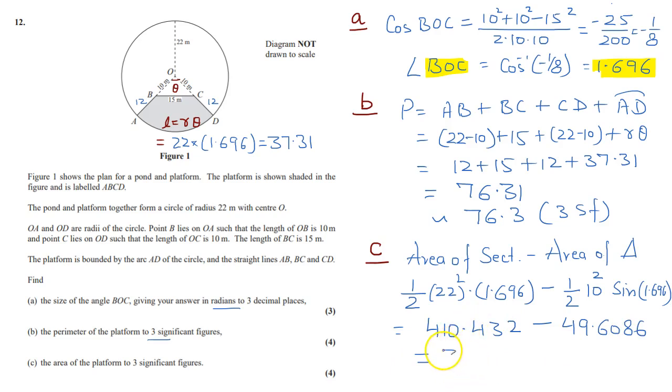So this is 360.823. Three significant figures: 360, this is 8, so it will be 361. 3SF. So that is the answer.